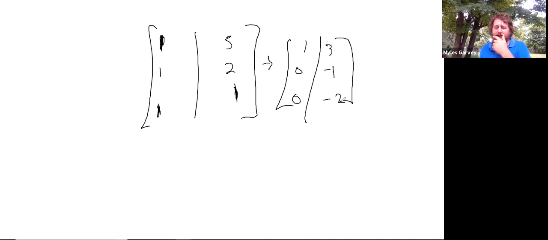But what does this say? In effect, this says that if we were to have this as a k, let's say, this says that if I were to multiply this by k, let's see here, hold on.